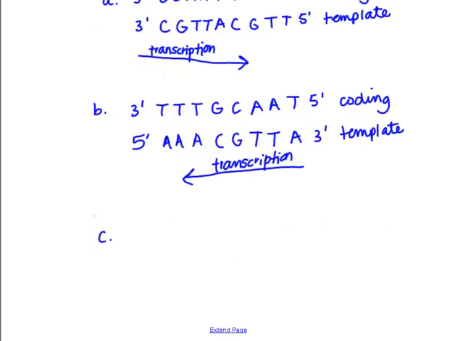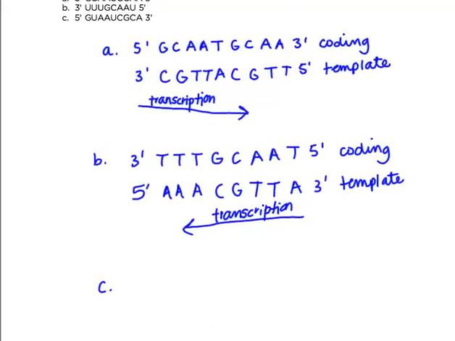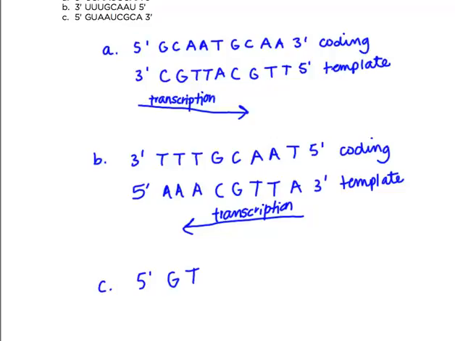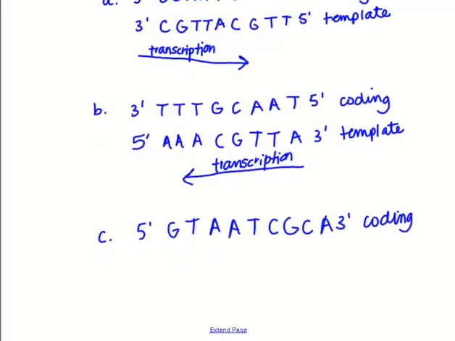And finally for C, to get the coding strand, it's going to be 5' G, T, remember the U's are changed to T for DNA, A, T, C, G, C, A. So this is coding. And then just find the complementary base pair for template.